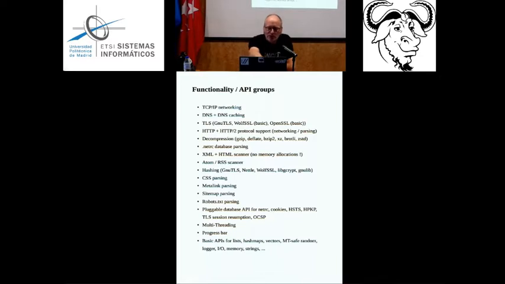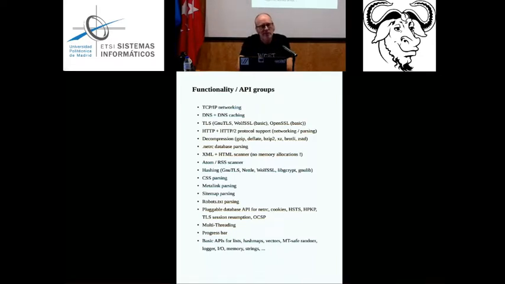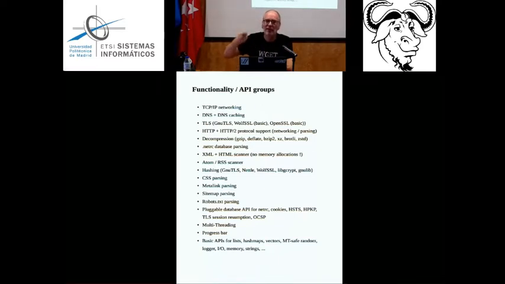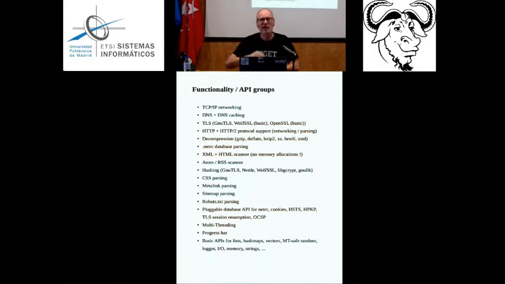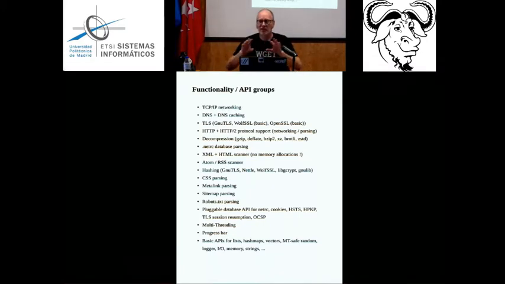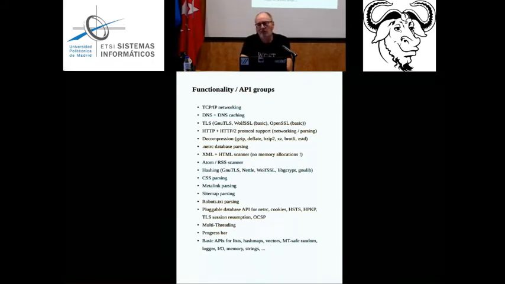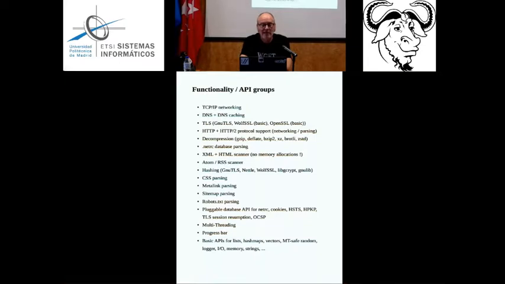So this complete XML and HTML stuff works without memory allocations. Completely. It just gives you callbacks and says, okay, I've found the next attribute, here are the values and stuff like that. So you could build a DOM, but we don't need it in wget2, so there's nothing. But if you want to use it, it's very short and I think very fast.